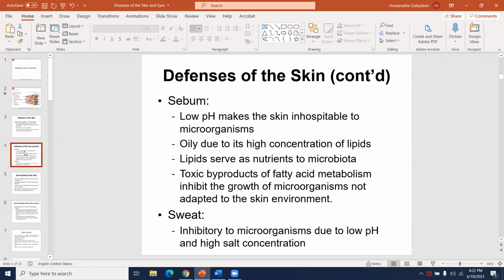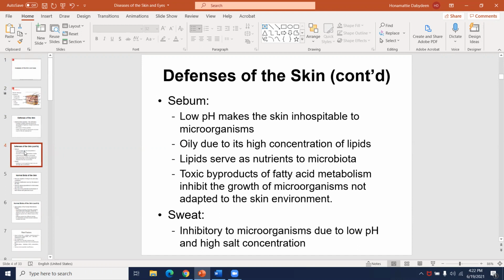It also has that oily texture to it due to its high concentration of lipids. And although lipids serve as nutrients to microbiota, there are toxic byproducts after the organisms metabolize these fatty acids. That will inhibit the growth of microorganisms that are not adapted to the skin environment.